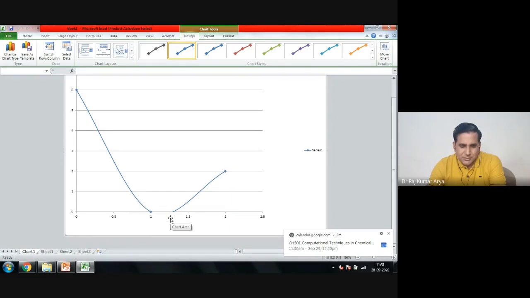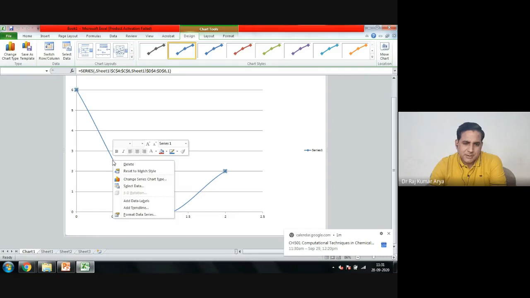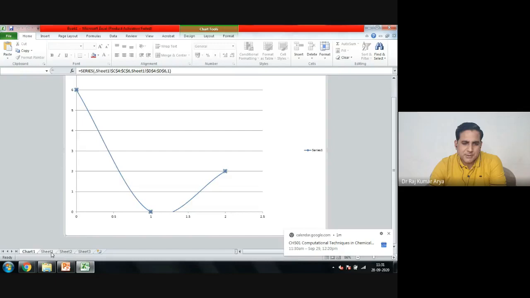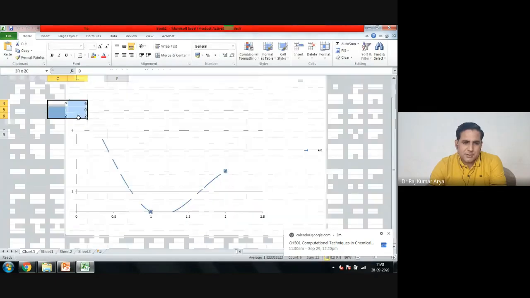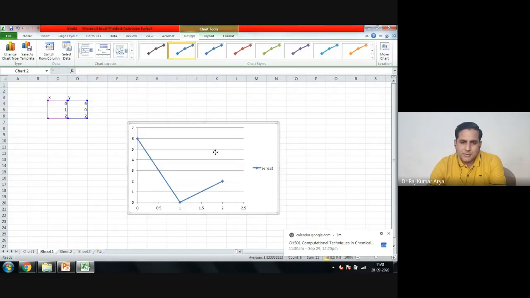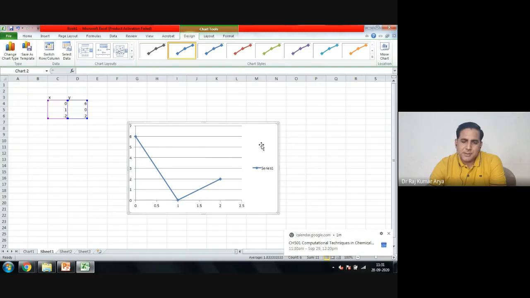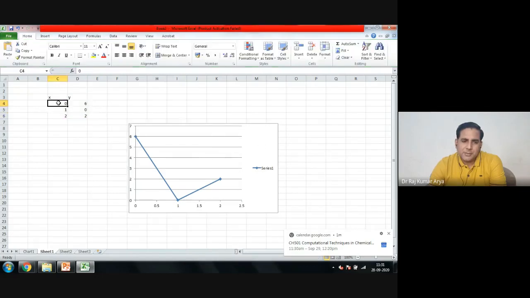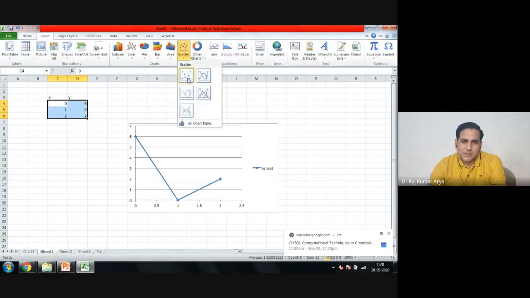If you join them with a curve, or if you join them with, let's say, a straight line graph, you can go back again to your Excel sheet. Let's say you want to join like this way. So this way your graph looks like that, right? Another person can join maybe this way.